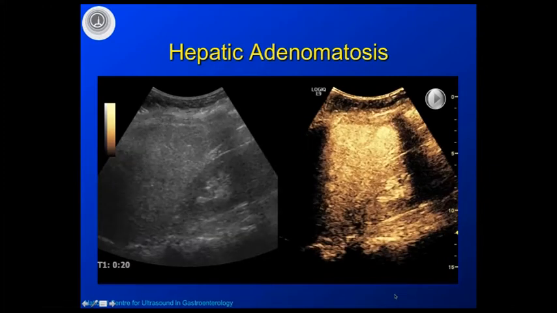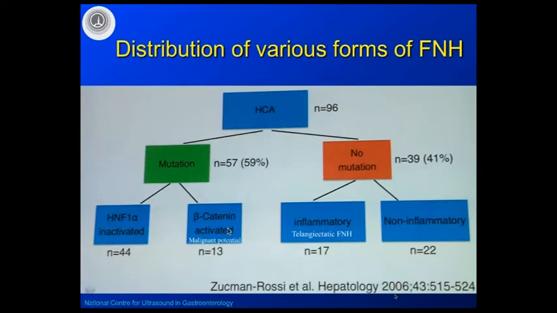So just to repeat for you the various forms of adenoma, pathologists have now divided these lesions into mutated ones and those tumors that do not mutate. And Christoph touched upon these, also the HNF1 alpha inactivated. These are predominantly in fatty livers, and they are not supposed to undergo malignant transformation.